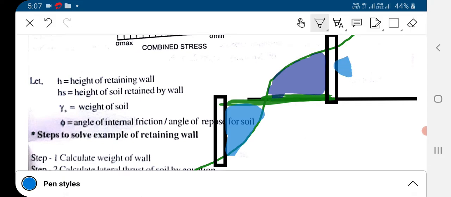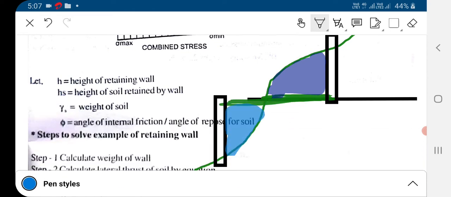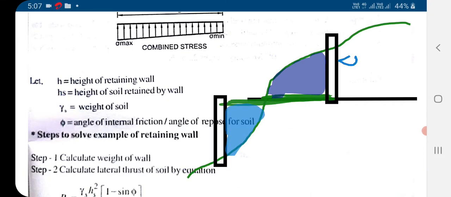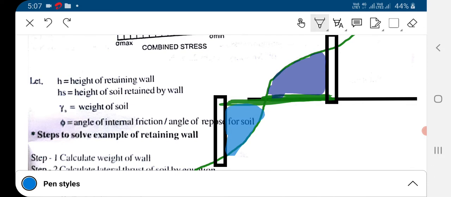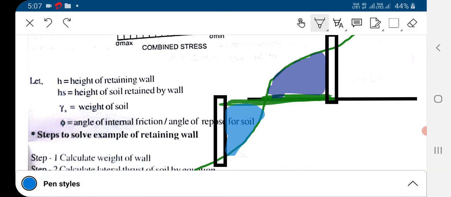So the wall which retains the natural material, that wall is known as a retaining wall.